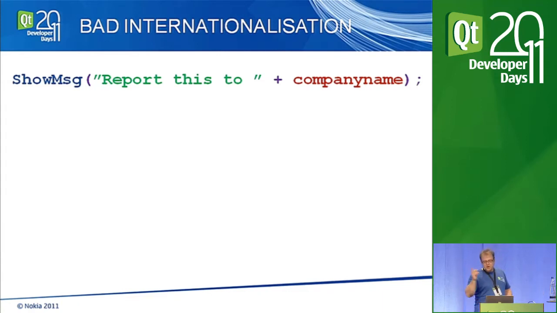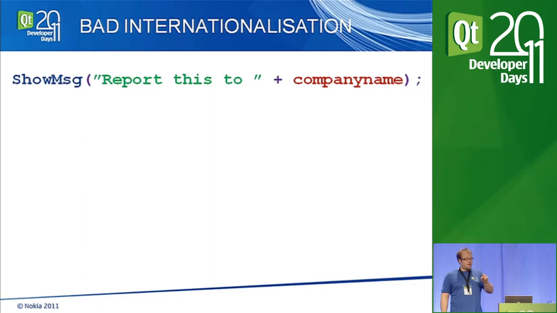Yeah, so here's an example that I already mentioned earlier. "Report this to company name" doesn't work, because the company name needs to be conjugated in many languages, so it can't be in the nominative form. So it's still better to have it like that, where the variable is something that you can understand.